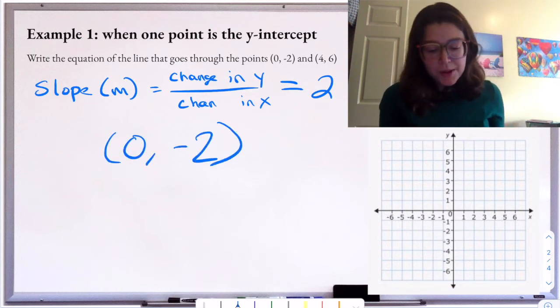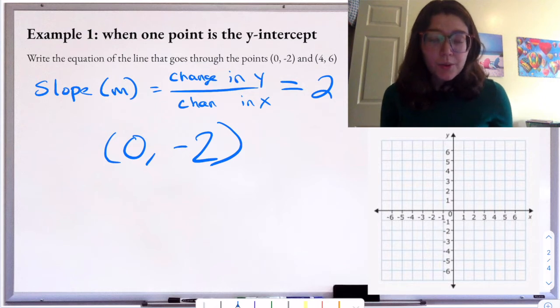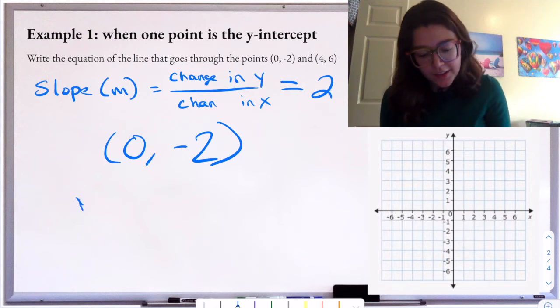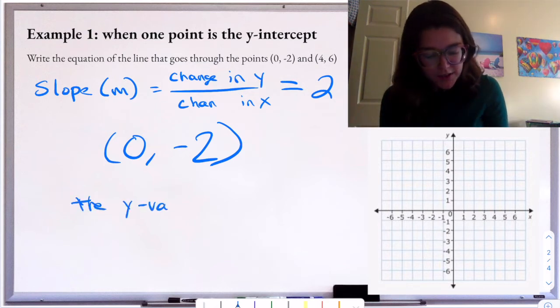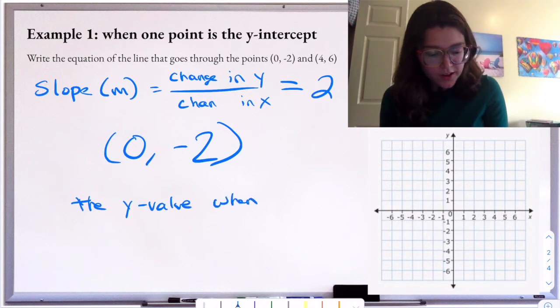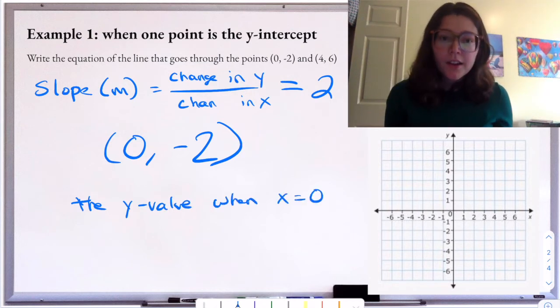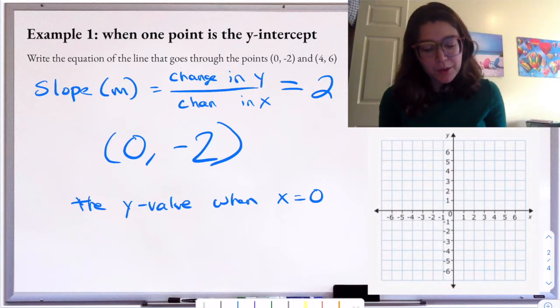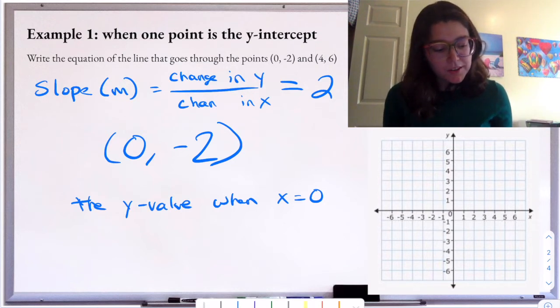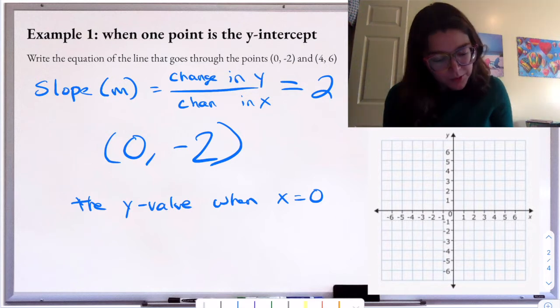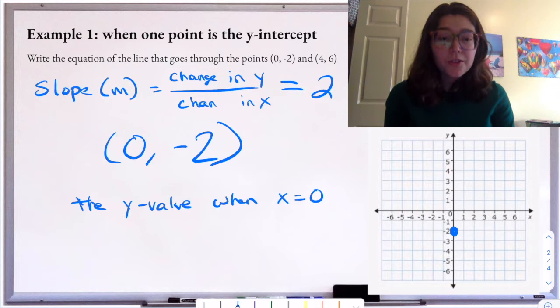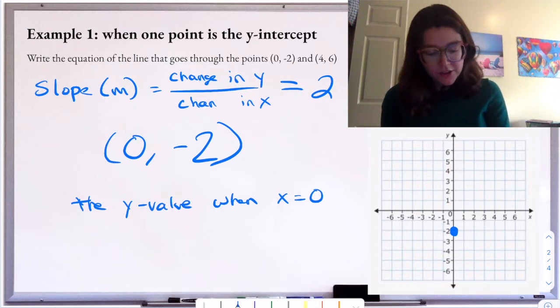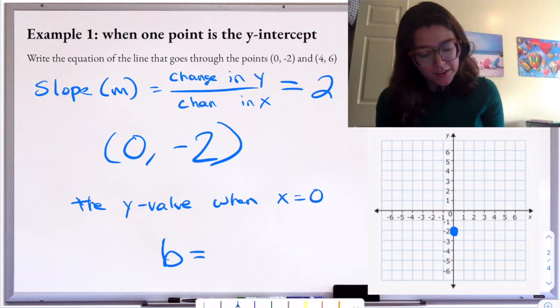And as we should remember, the definition of the y-intercept is the y value when x is 0, or it's where the line crosses the y-axis. If I were to plot this point (0, -2), I would get this point right here, which of course is on the y-axis. So the y value when x equals 0 is -2.